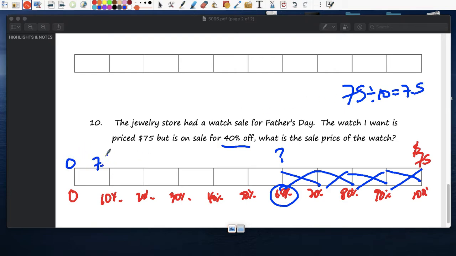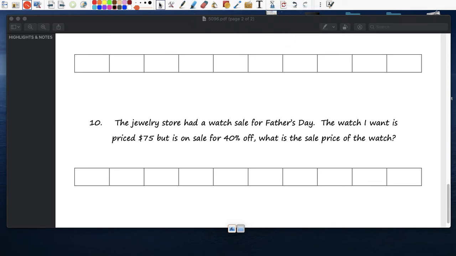So it's 7.5, 15, 22.5, 30, 37.5, and plus 7.5 gives us 45. We're going to stop right here. So if you're buying that watch for your dad with 40% off, you're going to end up paying $45. Okay, so this is basically a little review.